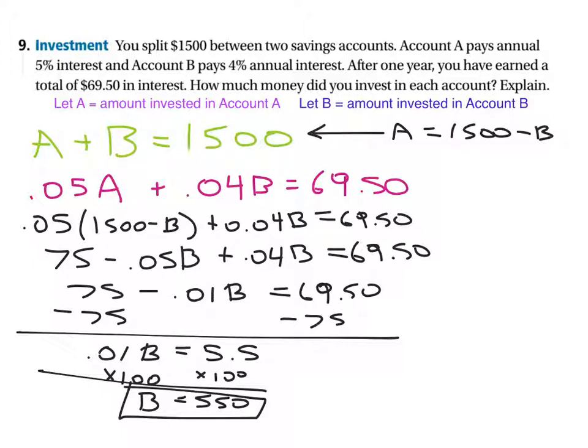Now let's take the other equation: A plus B equals 1,500. I know that B is 550, so A plus 550 equals 1,500.